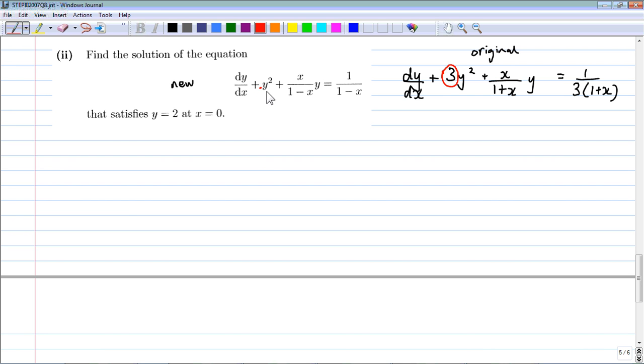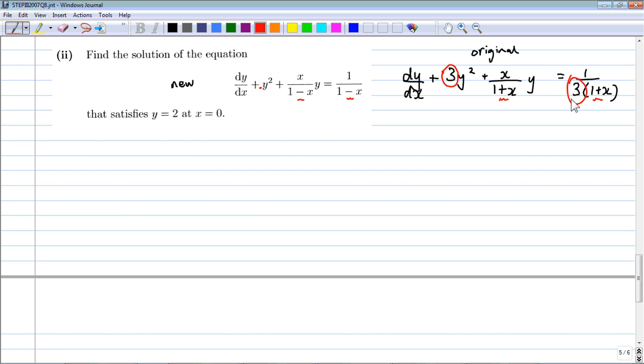This is just a 1, not a 3. There is actually another difference, but it's a bit less obvious, which is that we've got a plus in the original and we've got a minus in the new version. Apart from those two differences, it is the same. Yeah? Oh, of course, the 3 appears here as well.